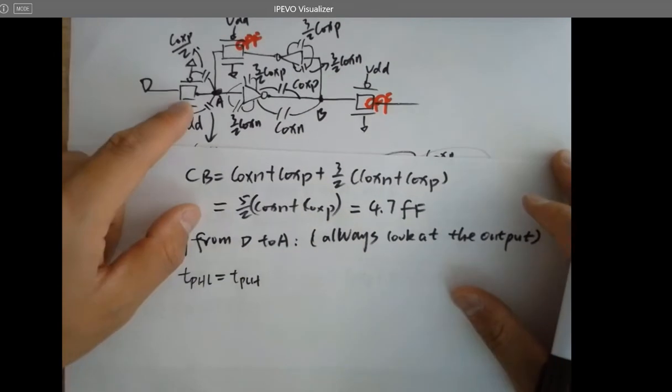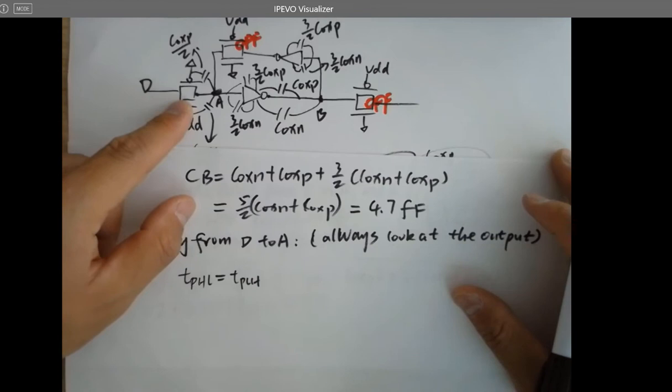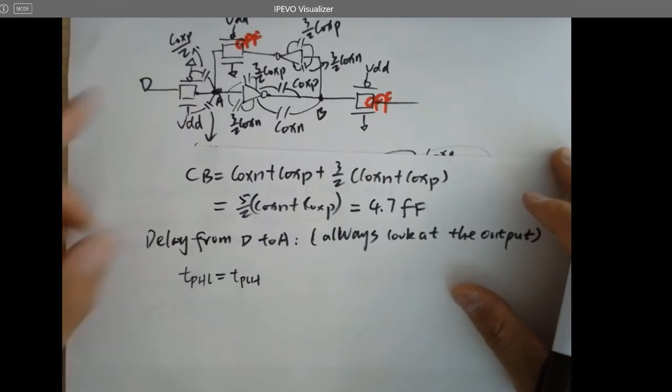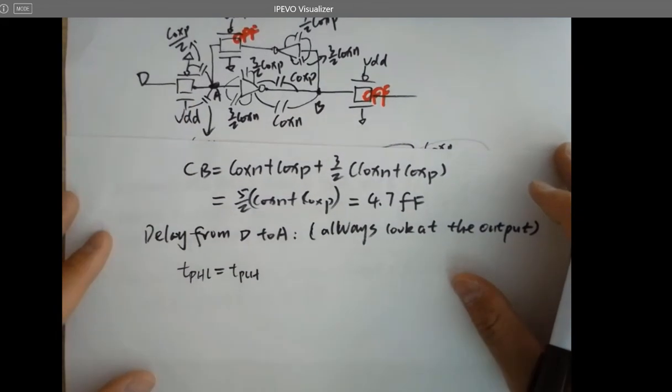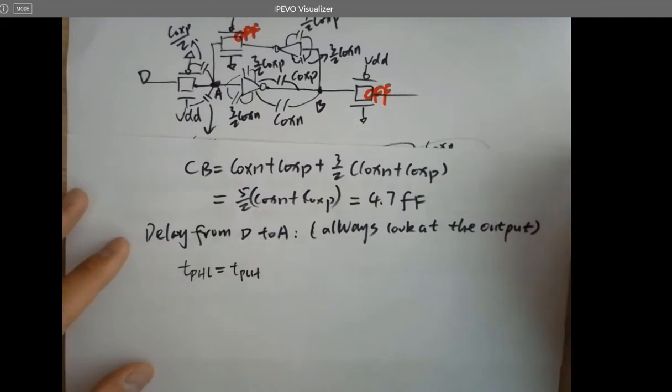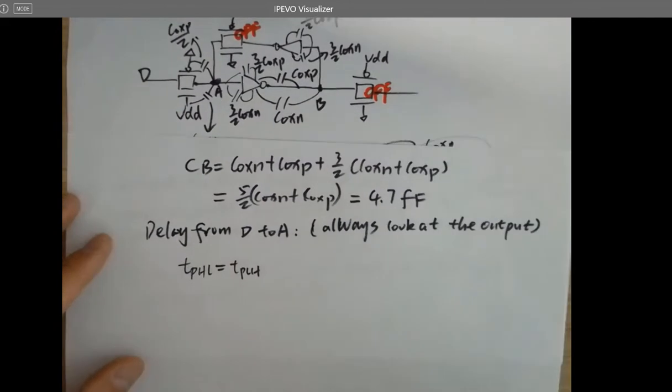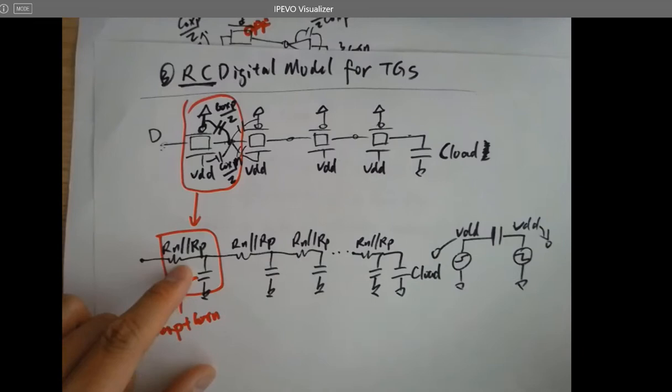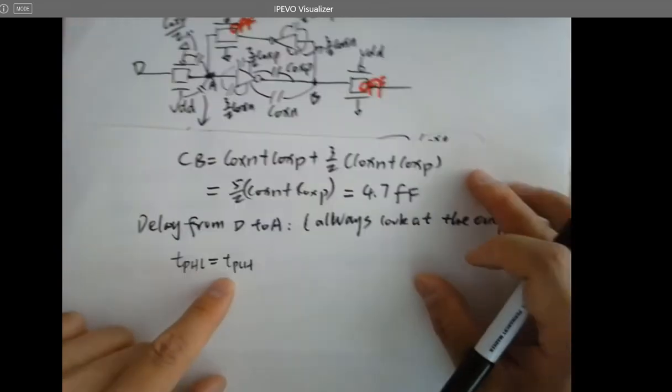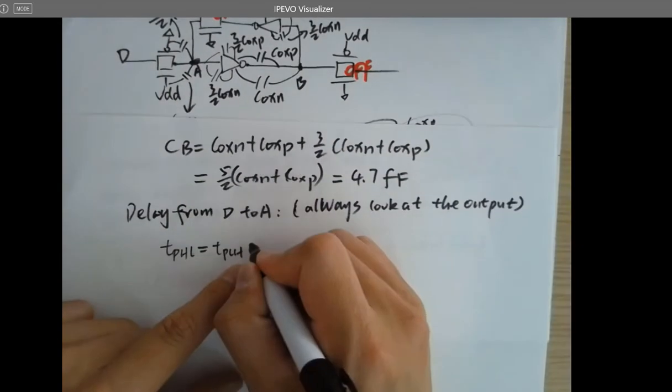The reason is it's just the same gate. It doesn't matter which transistor it's going through. It's always running through the parallel channel resistance here. So this should be equal to each other.